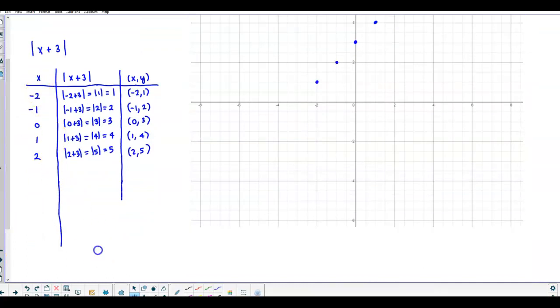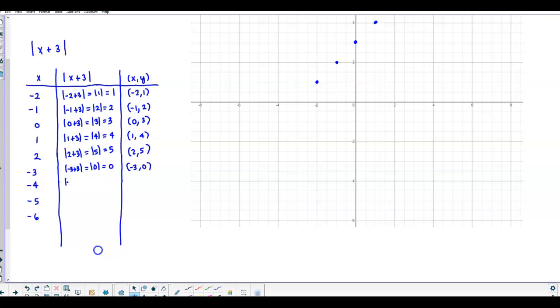So we need to start now at, let's say, negative 3, negative 4, negative 5, negative 6, and let's see what happens there. If we plug in negative 3 and we add 3, we get 0. So the absolute value of 0 is 0, so we have the ordered pair negative 3, 0.